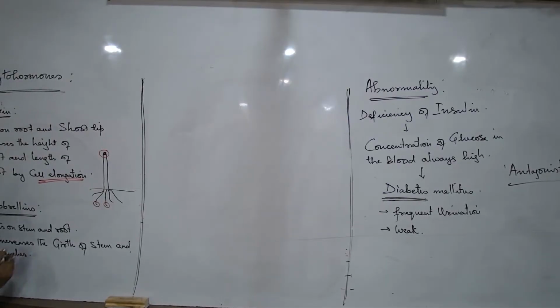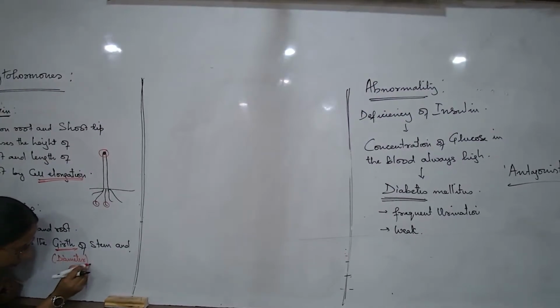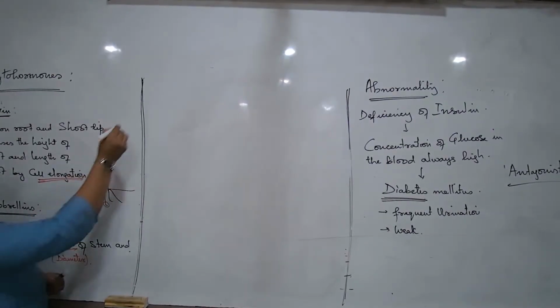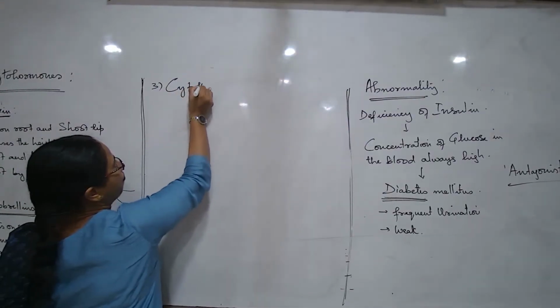What is the meaning of girth? The meaning of girth is increasing the diameter. Next, we have the cytokinins, the third hormone. We have the cytokinin.